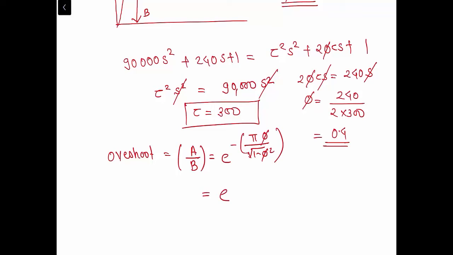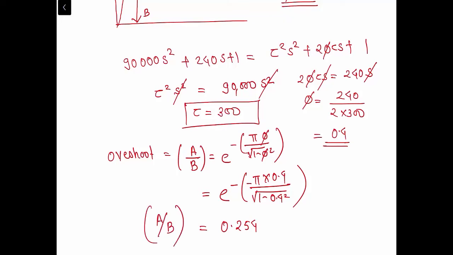So you just put the values: e to the power minus pi into 0.4 upon under root of 1 minus 0.4 square. So how much is it coming? Calculate it fast on your calculator. This value should be coming 0.254. Okay, so we got the a by b ratio.